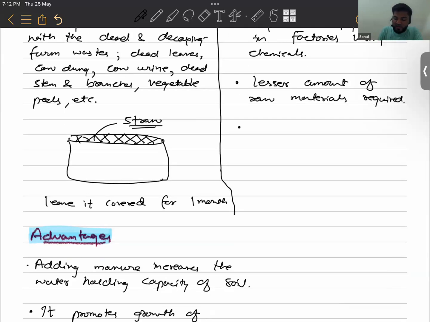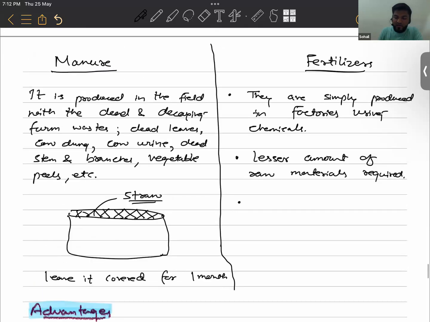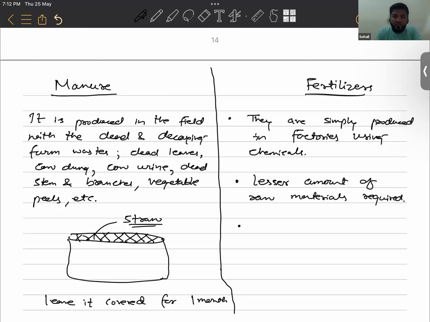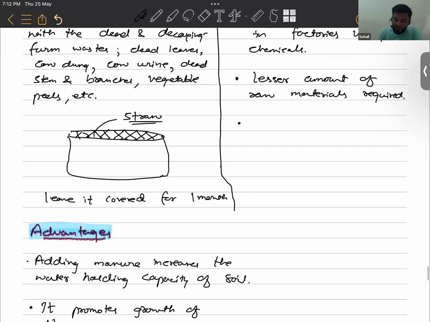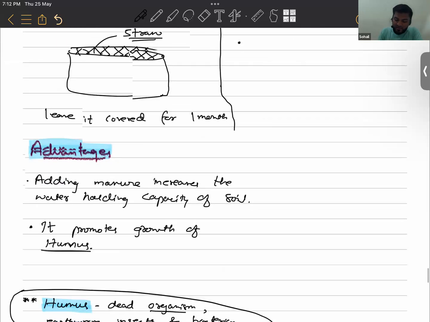Now another thing is that chemical fertilizers contain a higher amount of nutrition, right? Yes. So that will come into its advantages and disadvantages.